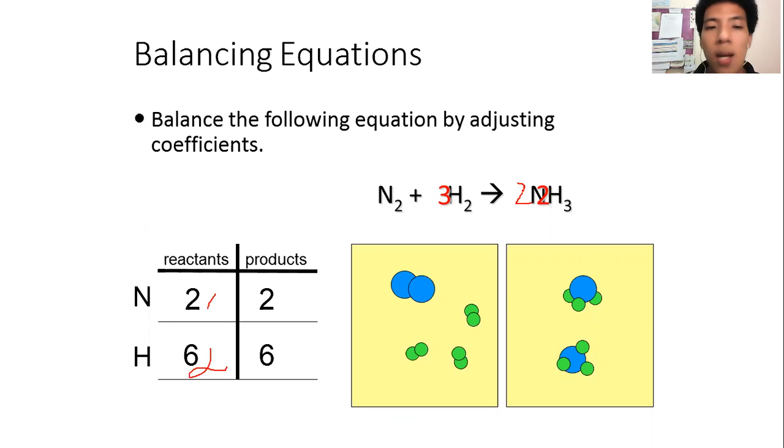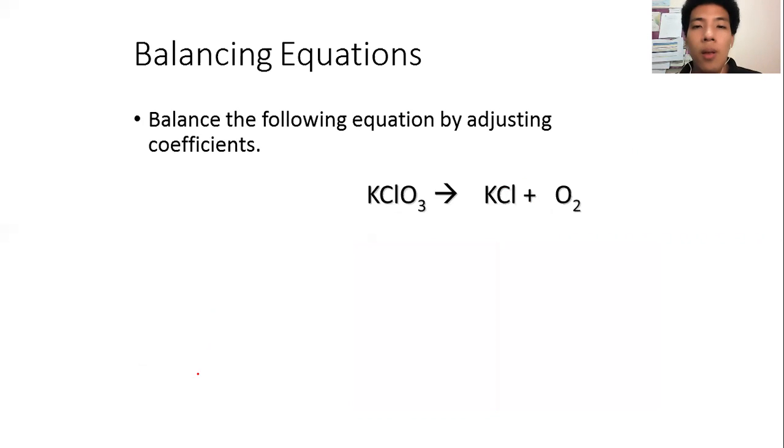So to make the hydrogen atoms in the reactant side the same as the product, which has 6, you need a coefficient that when you multiply to the subscript of 2, you can obtain 6. And that is 3. If you multiply 3 by 2, you get 6. That means you now have a balanced equation for this particular problem.